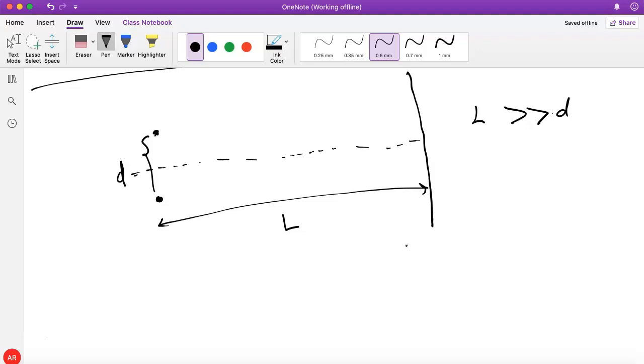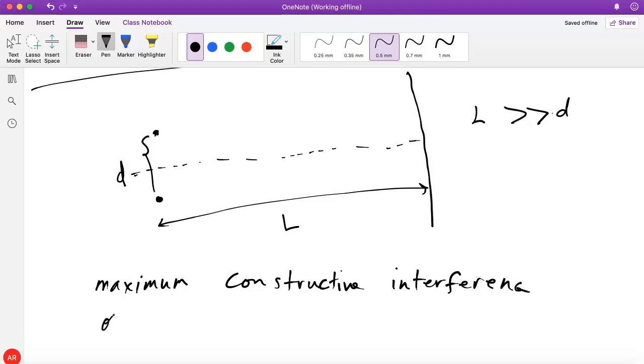But first, let's remind ourselves of the general pattern. So let's say we're interested in finding places of maximum constructive interference on the screen. Of all the places in space, we just focus on points on this vertical line over here.